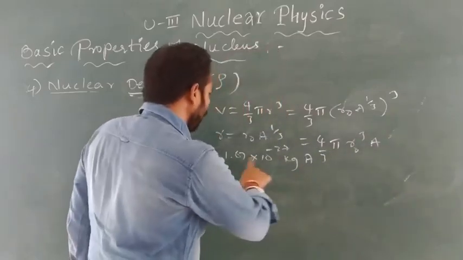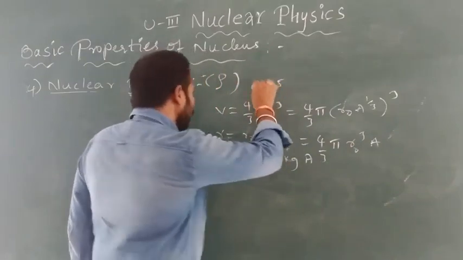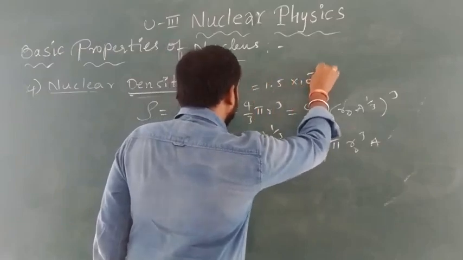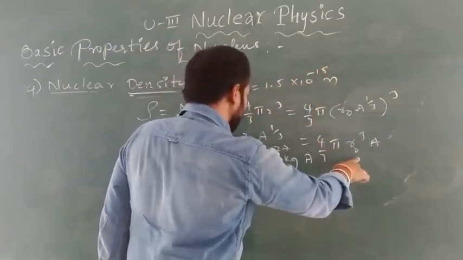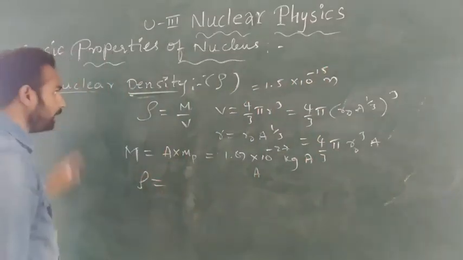What about R naught? Just now we saw that R naught is 1.5 into 10 power minus 15 meters. Substitute those values and find the density of the nucleus.